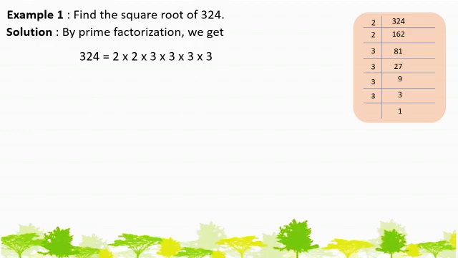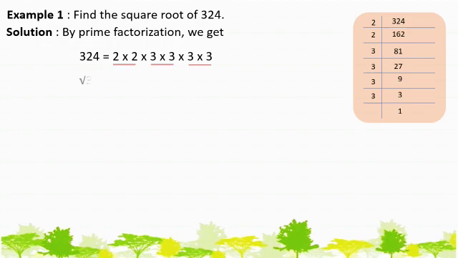Step 2. Now, make groups of 2 identical factors. So 2 into 2 form one pair, 3 into 3 form another pair, 3 into 3 form the third pair.